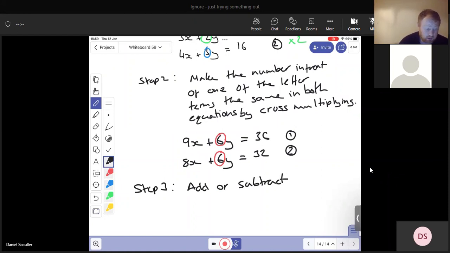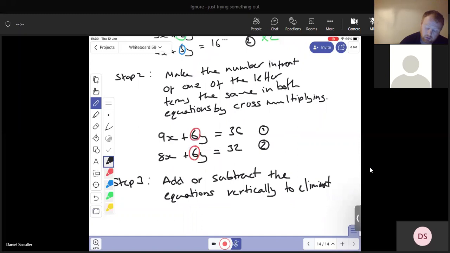Add or subtract the equations vertically to eliminate one of the terms.